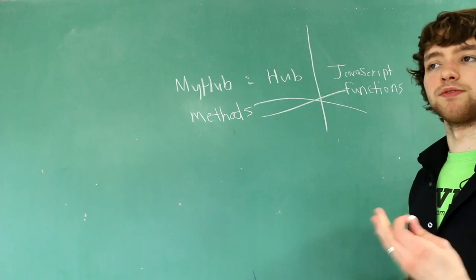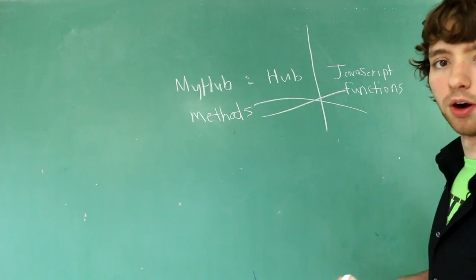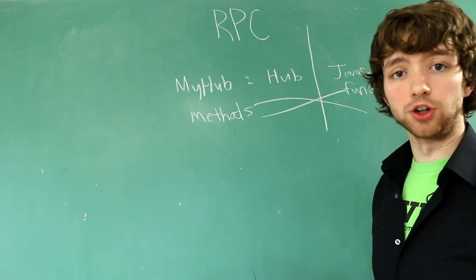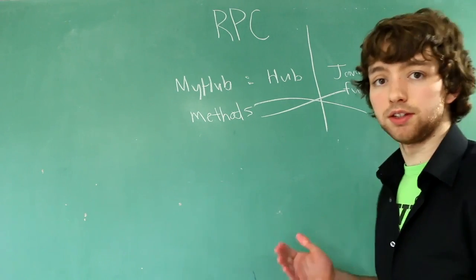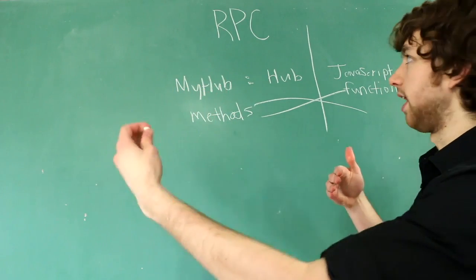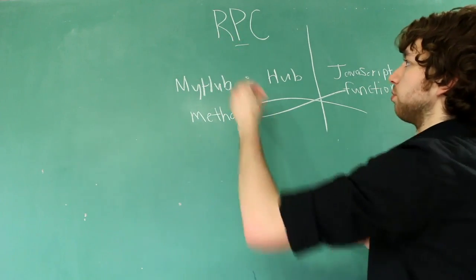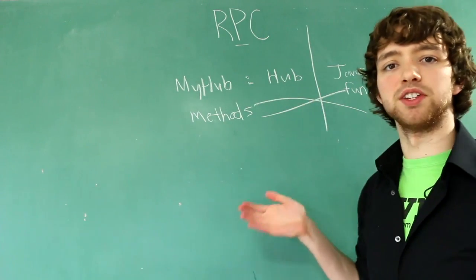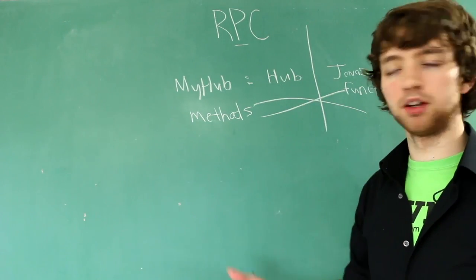This is something that's very similar to what's known as RPC. Now, RPC stands for Remote Procedure Call. So what that means is that the server and the client are separated, and we're doing a procedural call on the other one. So a procedure is basically the same as a function or a method.